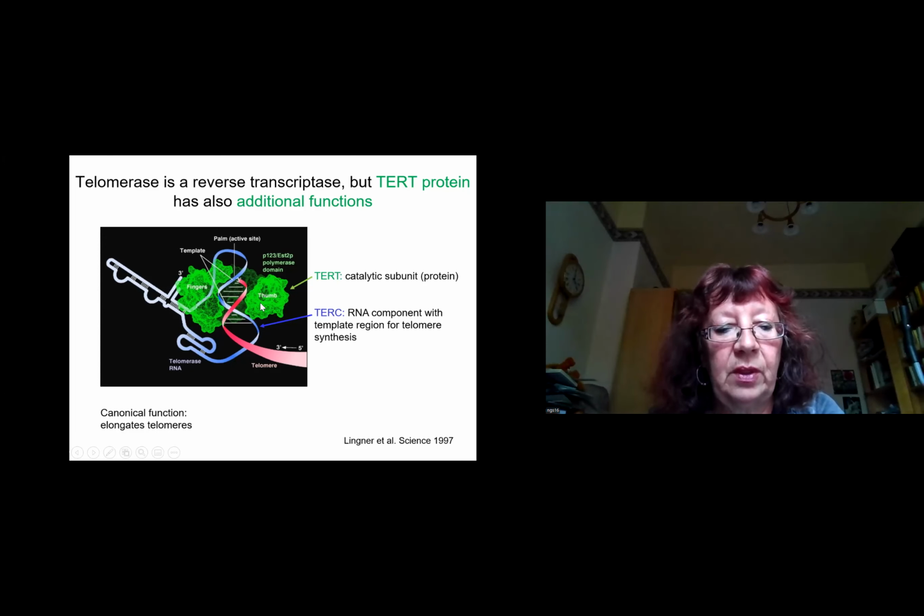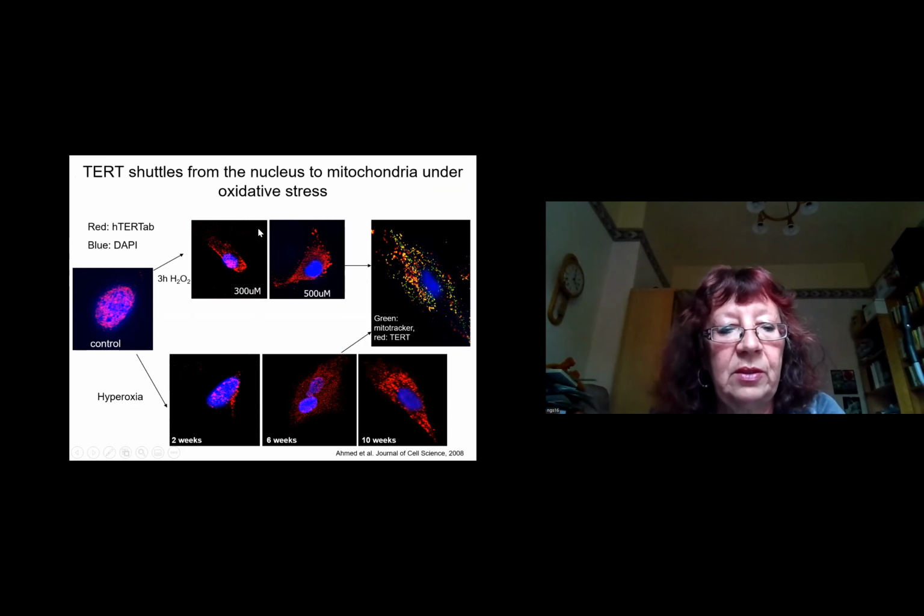What we published in 2008 is that if you use an antibody against the TERT protein in cells, like these normal fibroblasts, which overexpress the hTERT protein, because normally those fibroblasts, like most normal human somatic cells, don't have telomerase activity and also an active TERT protein.